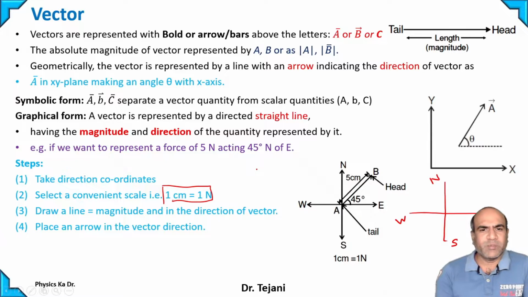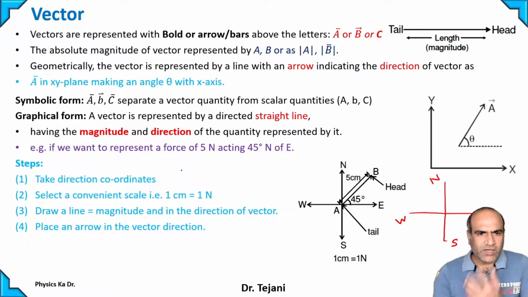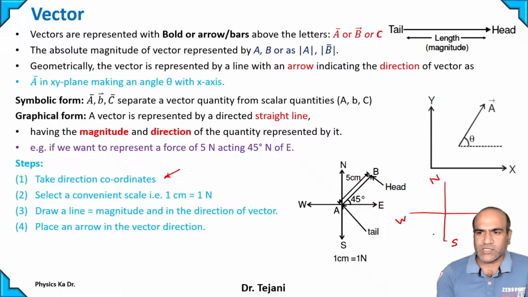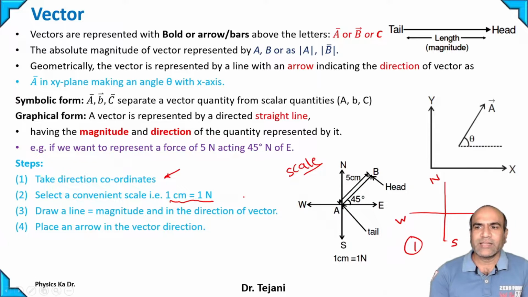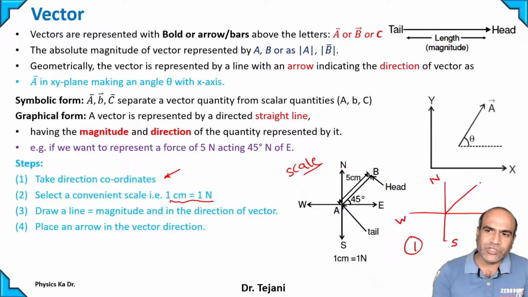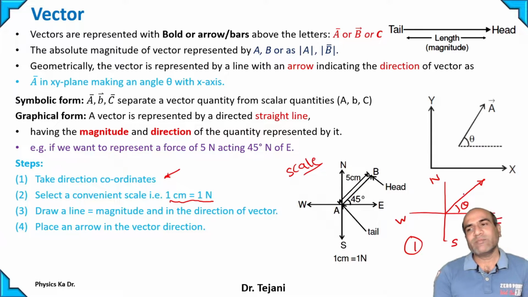On a graph paper, we can draw only with the use of length. So first we need a direction, then a scale, which we can take as per requirement, and then draw a line at the given direction, at the given angle theta, with the magnitude as its length.